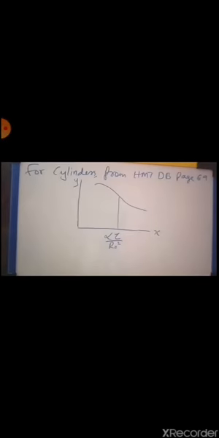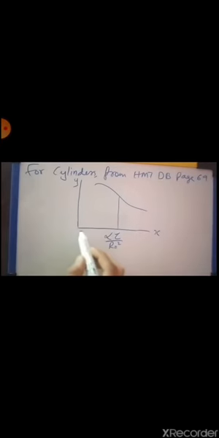When the Biot number value is greater than 0.1 and less than 100, then it is termed as an infinite solid. For cylinders, refer to the HMT data book page number 69.